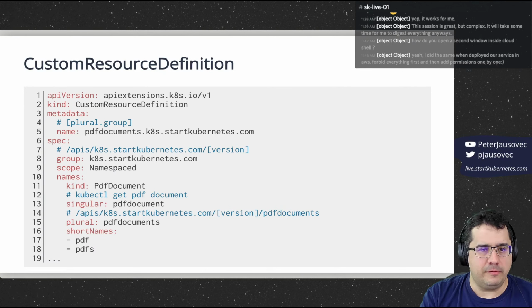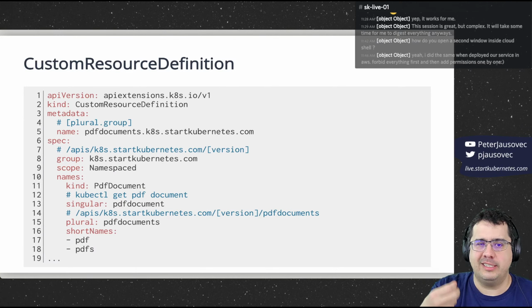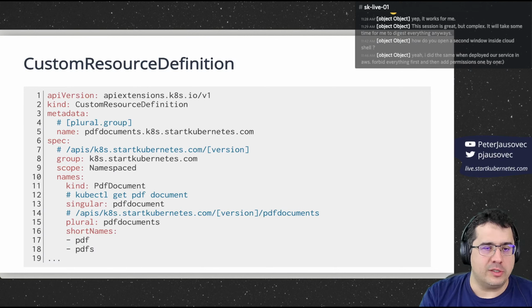Then we have two fields called singular and plural. Singular is the name of a resource in the singular form, right? So it's a PDF document. This will also allow us to do kubectl get PDF document, one word, and this will allow us to list the resource.